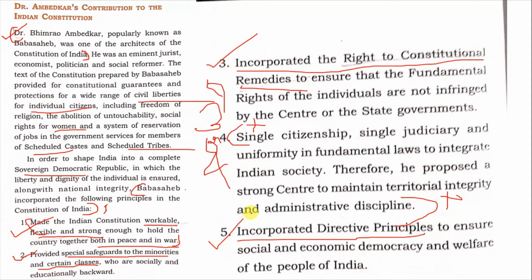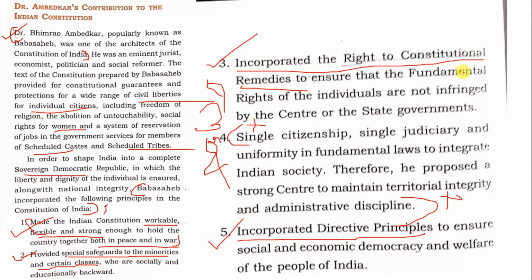Okay, so for this we can say that he helped make the Indian Constitution, he incorporated the following principles: making the Indian Constitution workable, flexible, and strong to hold the country both in peace and war. And next, he also helped provide special safeguards to the minorities and certain classes.